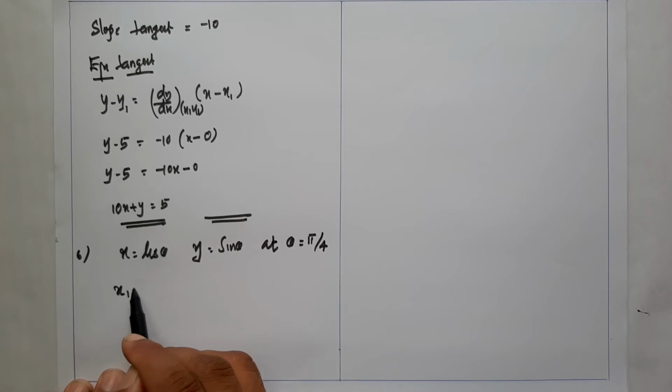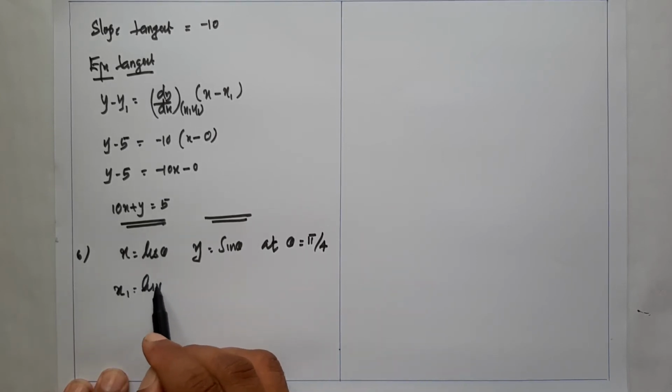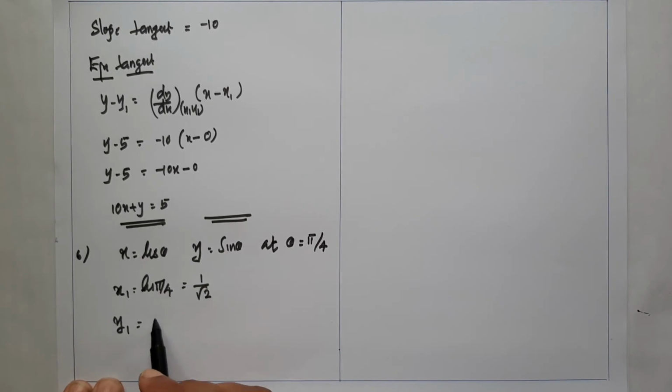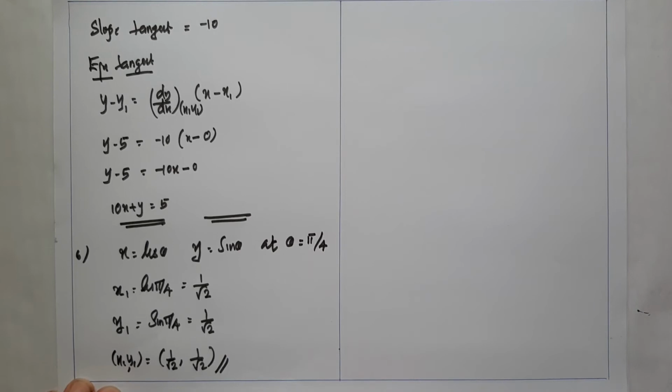Here for x1 we put theta is equal to pi by 4, therefore we get cos pi by 4. You know cos 45 is 1 by root 2. Then y1 means sin pi by 4, sin 45 is again 1 by root 2. And therefore x1, y1 is equal to (1 by root 2, 1 by root 2).